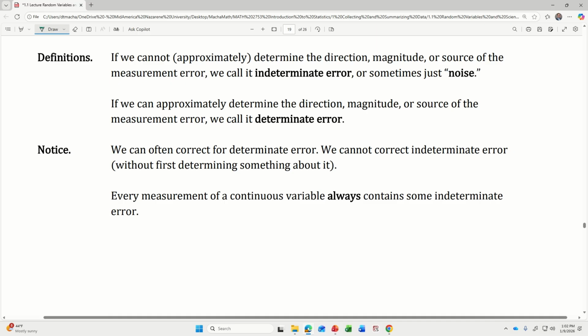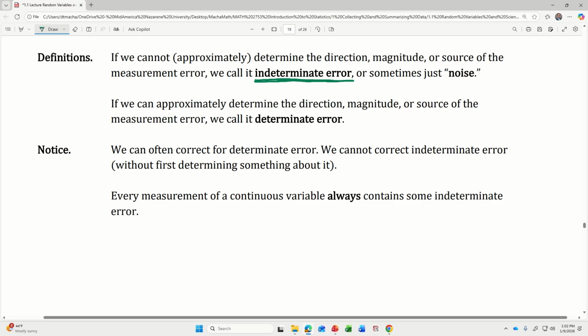If we cannot determine the direction or the magnitude or the source of the measurement error, we call this indeterminate error.